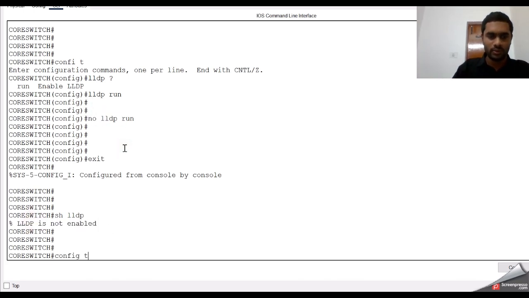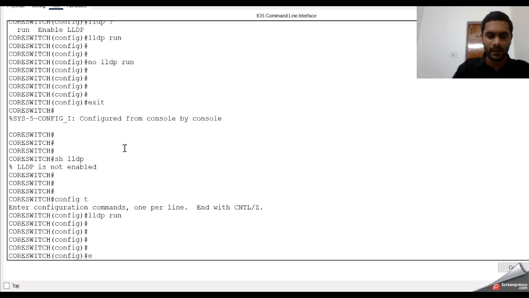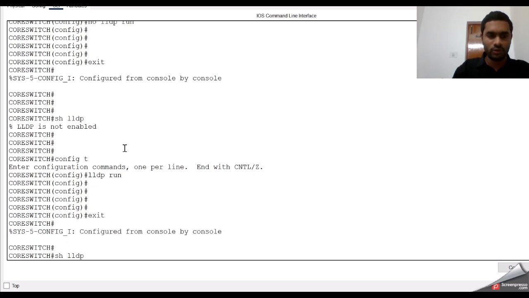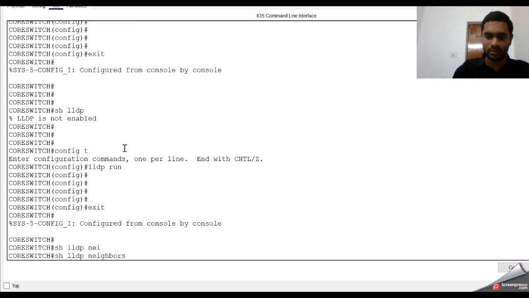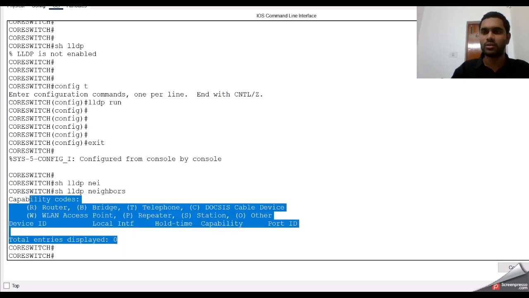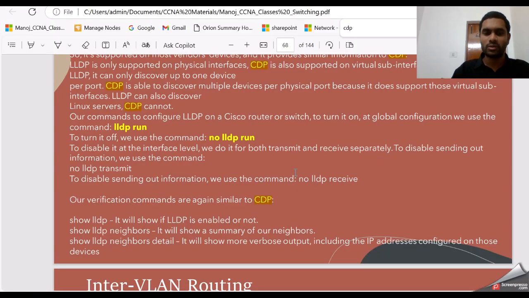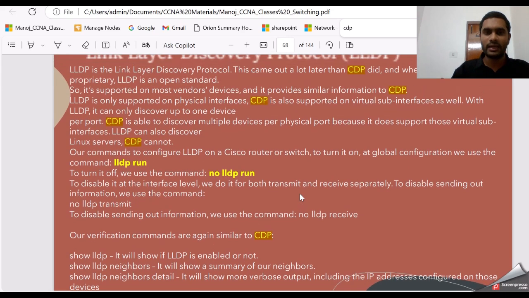To ensure that LLDP is running, simply type lldp run, and now ask for show lldp neighbors. It will not show anything because there is no non-Cisco device here, and that is absolutely fine. I hope you have understood the differences between CDP and LLDP.